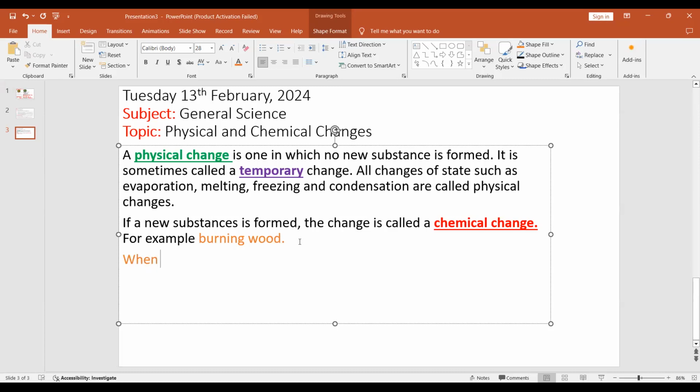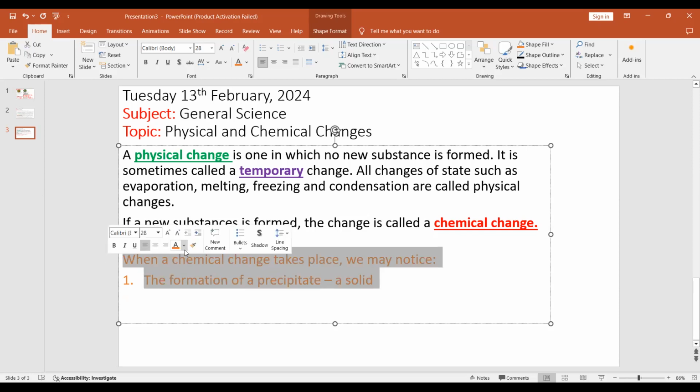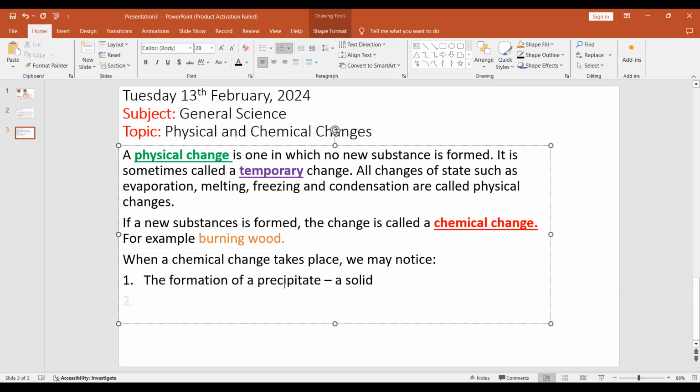When a chemical change takes place, we may notice the formation of a precipitate, which is a solid. The next thing is effervescence taking place.